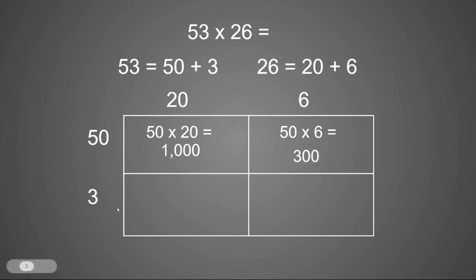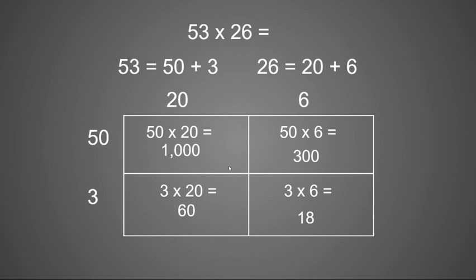Now I'm going to go with my bottom row. I have 3, and then I'm going to go all the way to the very top and see my 20. So 3 times 20 is 60. And then my 3 is going to slide all the way over, and I'm going to look all the way back up to the top, and I have 3 times 6. 3 times 6 is 18.